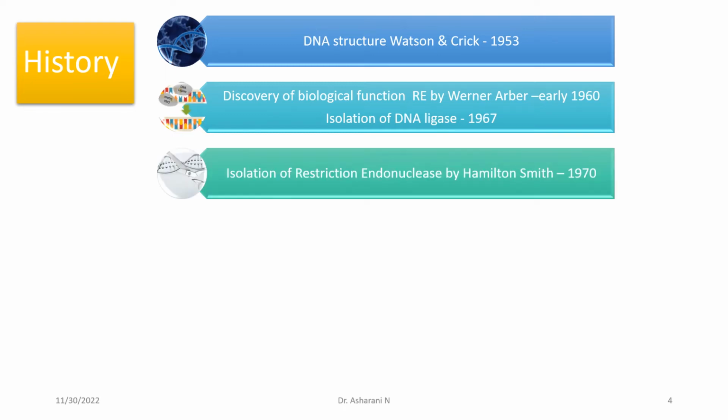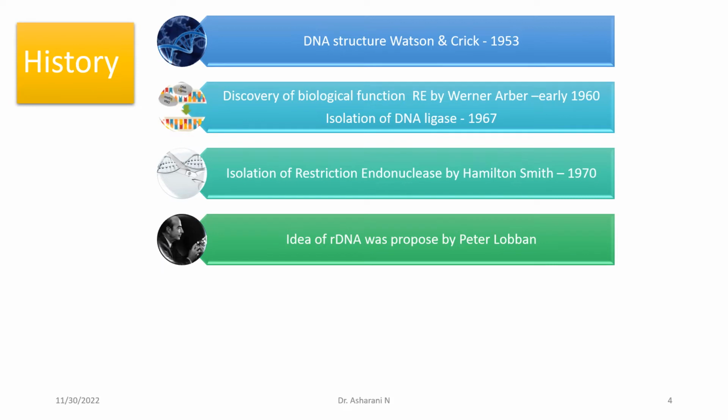Then in 1970, Hamilton Smith isolated restriction endonucleases, and they were used by Daniel Nathans in 1971 to cut the DNA.